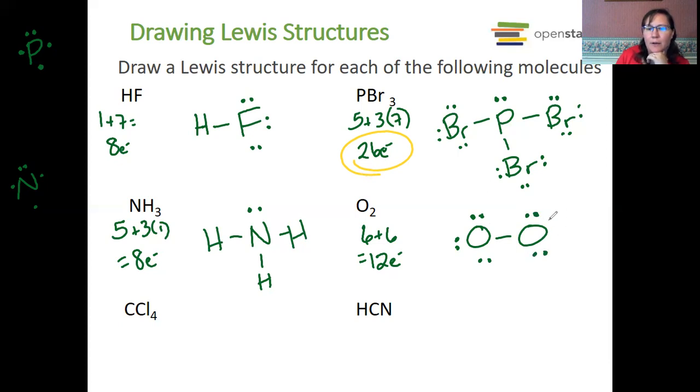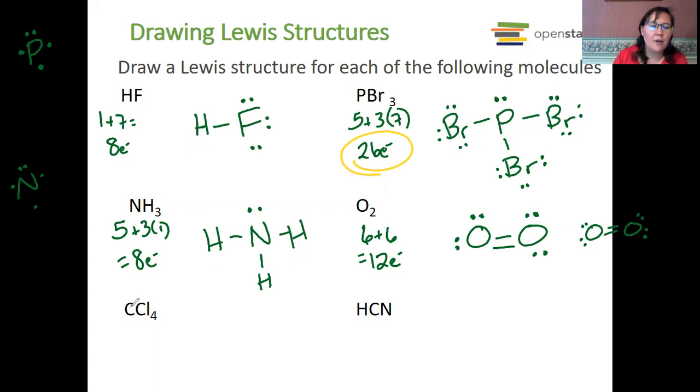So I've put everything around here, but my oxygen on the right is not satisfied. So I need to bring in another bond, and now it works out. You'd probably see it drawn a little bit more like this. I won't mind as long as I can tell that your electrons are in dots, and it's okay if they're in odd places. This will help you with the idea of where things are placed later though.